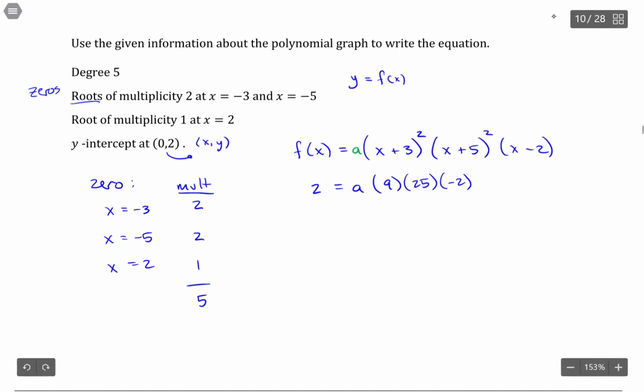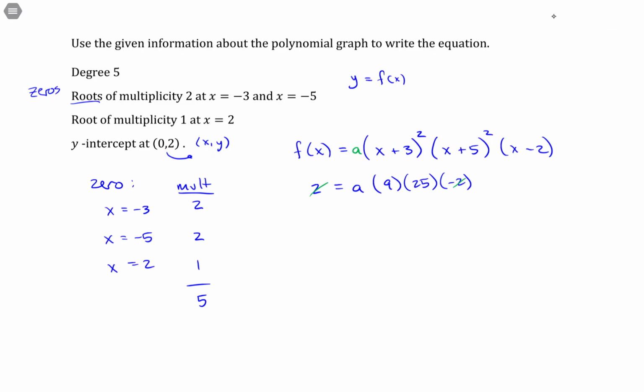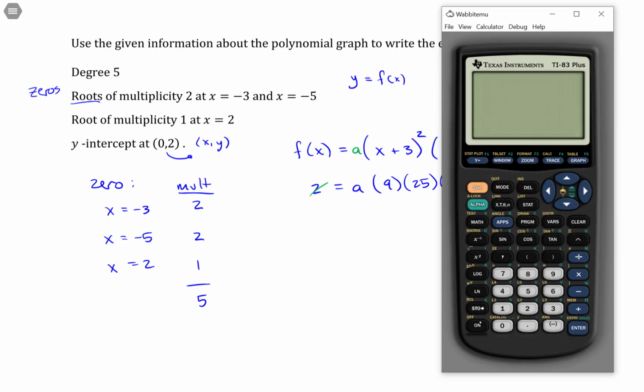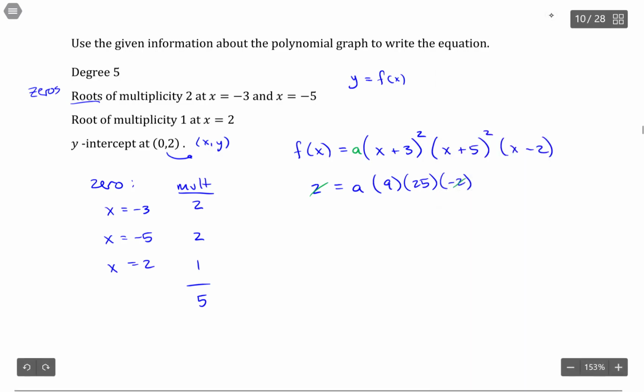If I divide both sides by 2, those will disappear. 9 times 25, let's do it on the calculator just so we don't make an arithmetic error here. That's 225. So we have 1 equals -225 times the value of a. So that means that the value of a is 1 over -225.